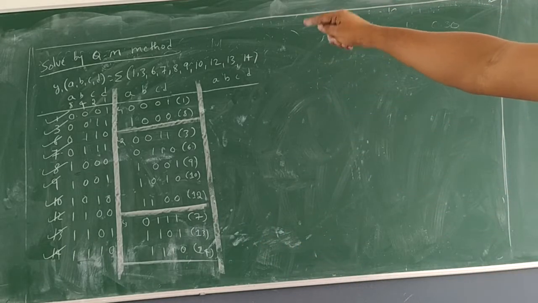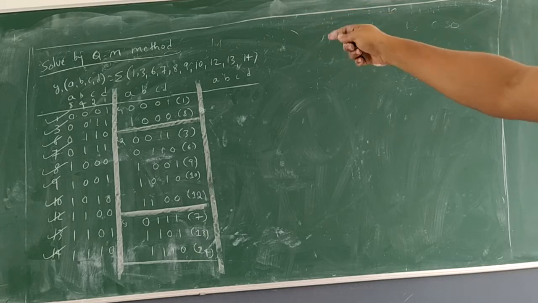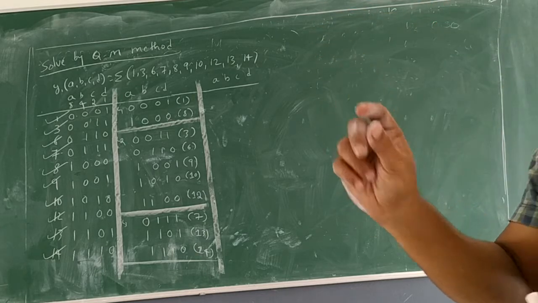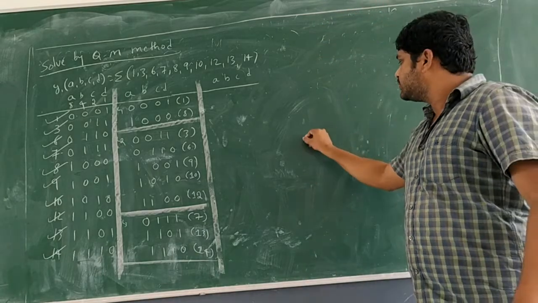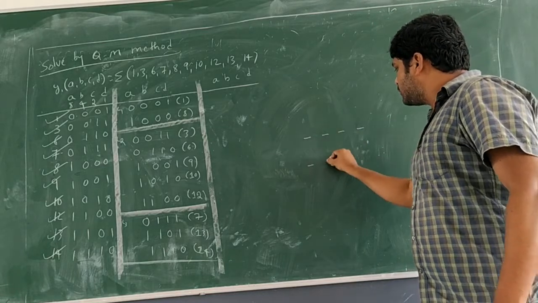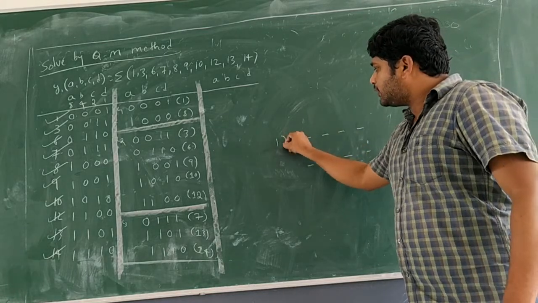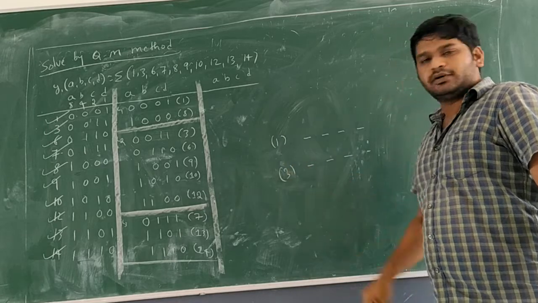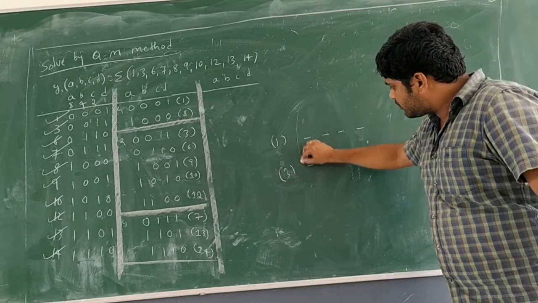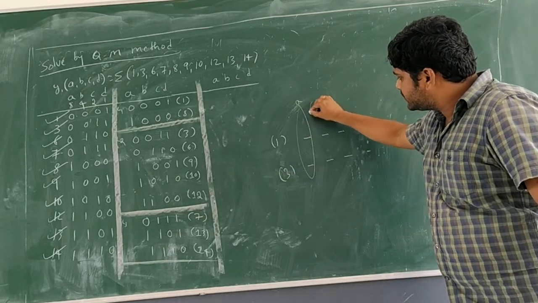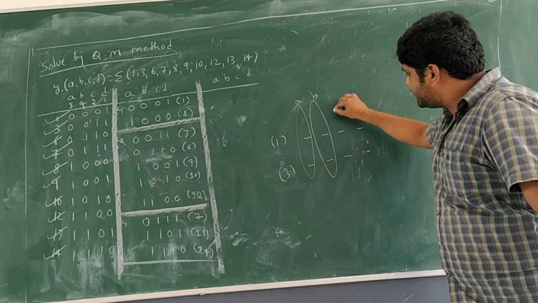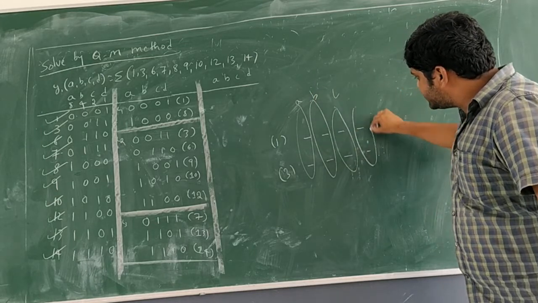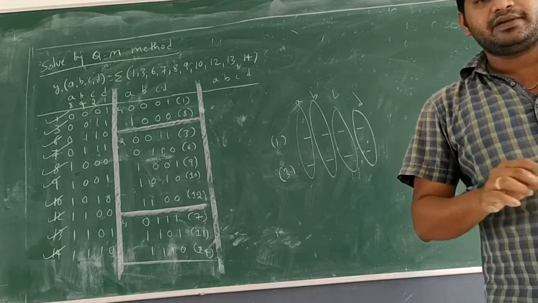When you compare one number with another, this first column is called the A bit, the second column is called the B bit, third is called C, and the last one is called D.